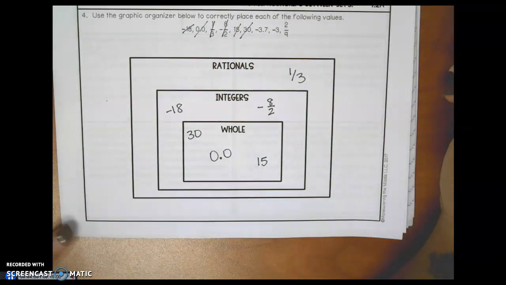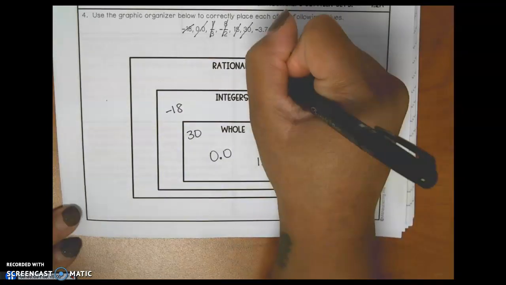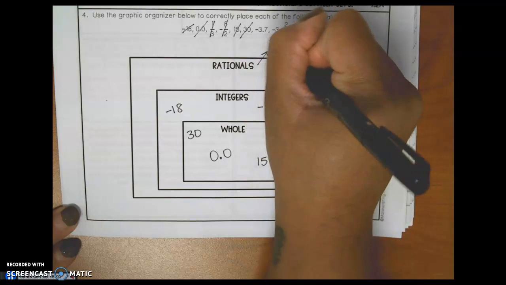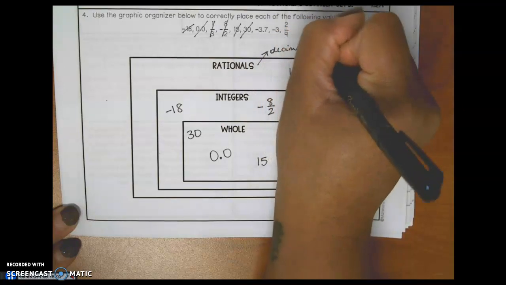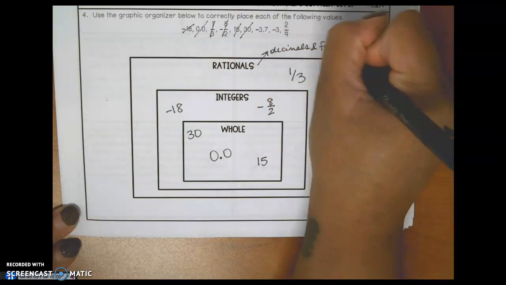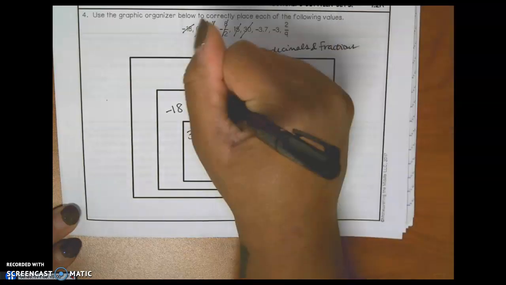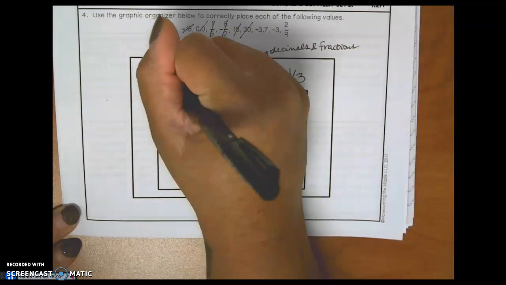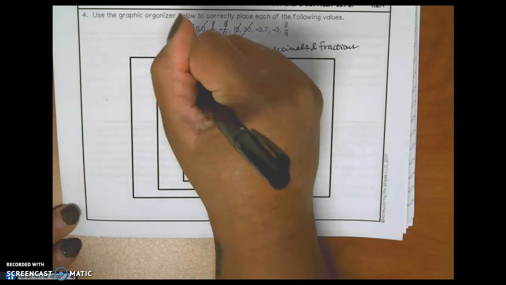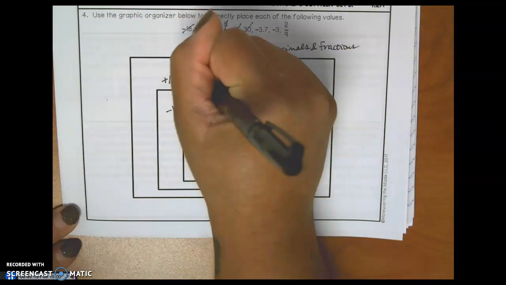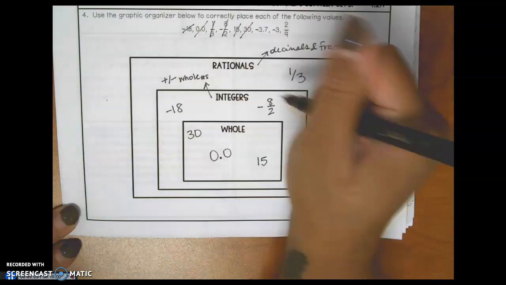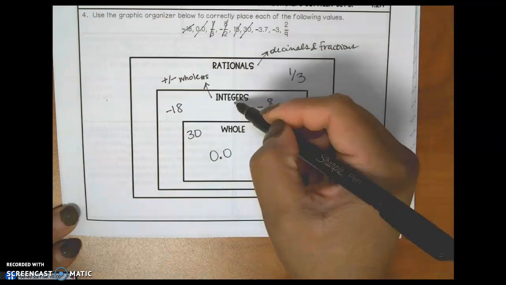It's got a decimal with it. These are my decimals and fractions. These are my positive and negative whole numbers. I probably should have written that in this box here.